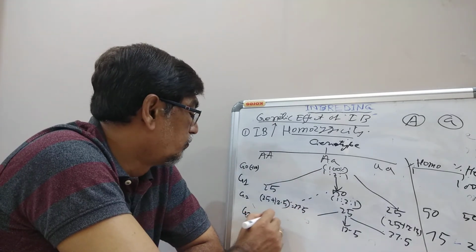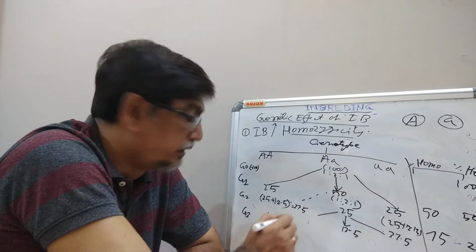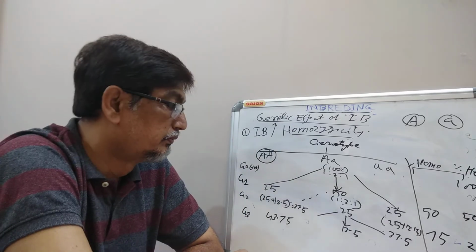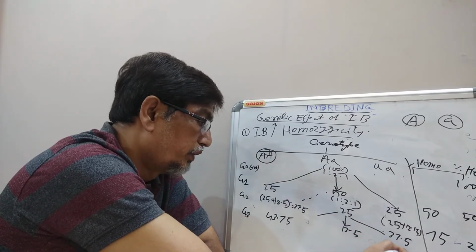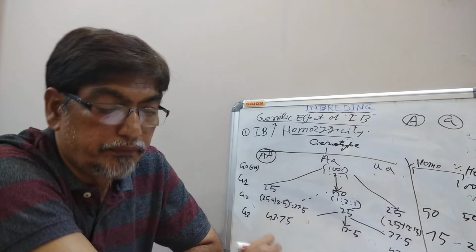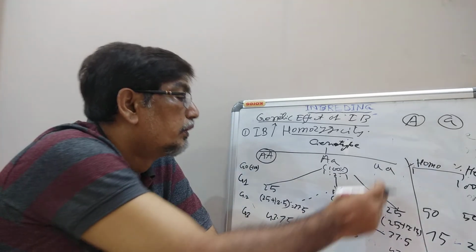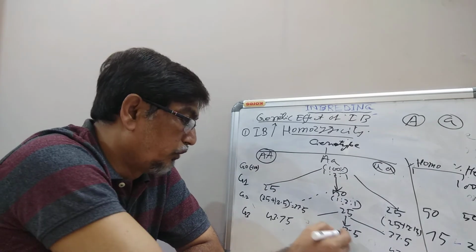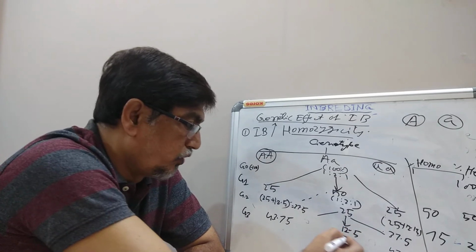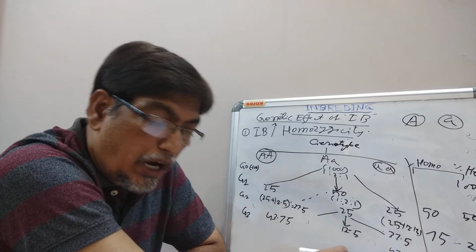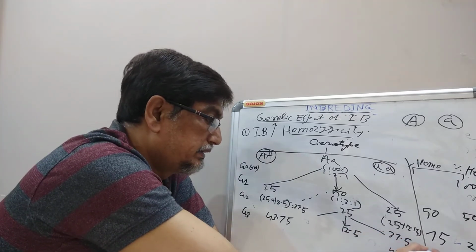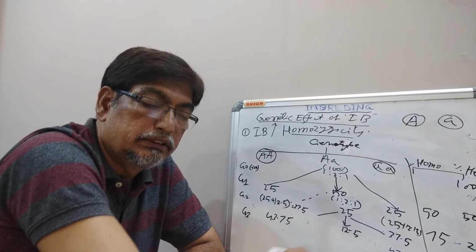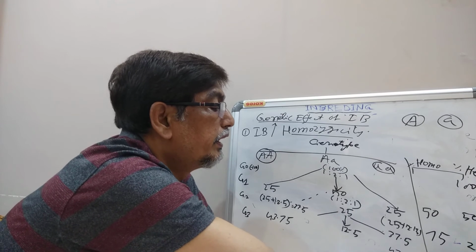So it will be 43.75% for this genotype, and 43.75% for your small a recessive homozygous genotype, and the heterozygous will be 12.5%. So here, 87.5% will be your homozygous, and 12.5% will be heterozygous.